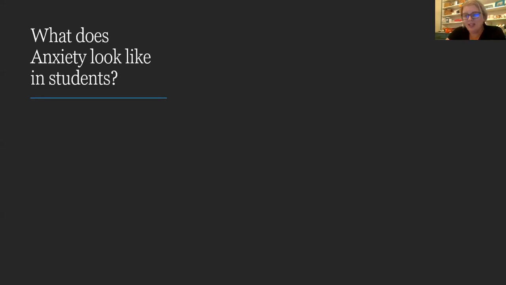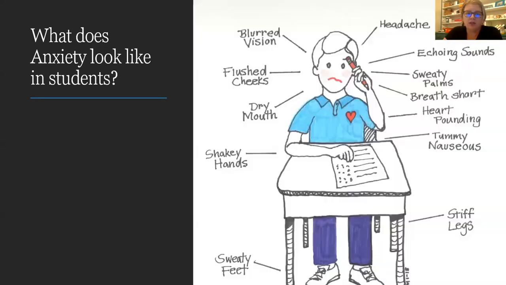So what does anxiety look like in our students so that we can recognize it? That's really important if we want to improve how they react to test anxiety. We need to know what it looks like. Test anxiety can look like any of these things. Some kids say that they get shortness of breath, that their heart's pounding. Some kids get nauseous, some get headaches, they'll shake.